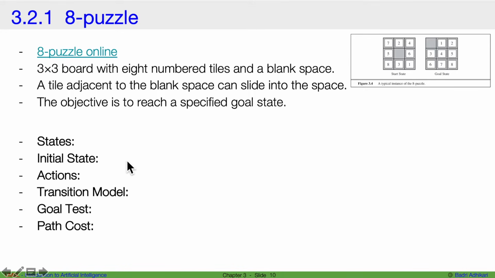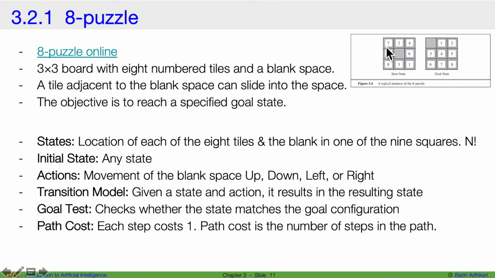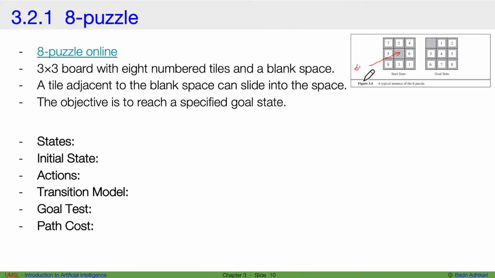Another problem that we will look at is the 8 puzzle game. The 8 puzzle game is a problem that looks like this. You have 9 blocks total, actually 8 blocks, and 1 blank space. So here's your blank space in this case.